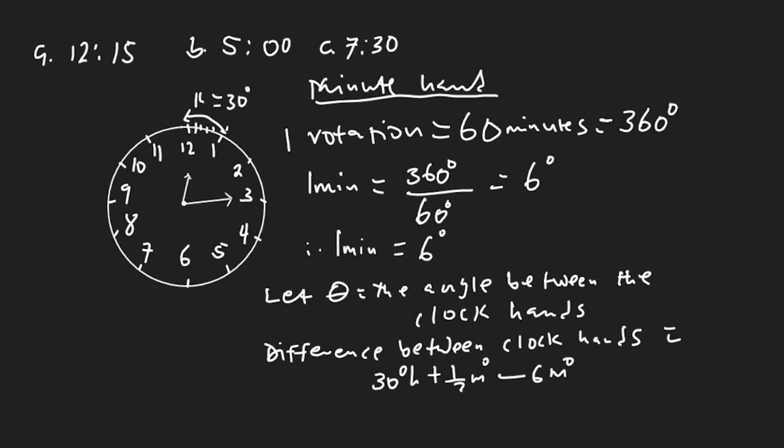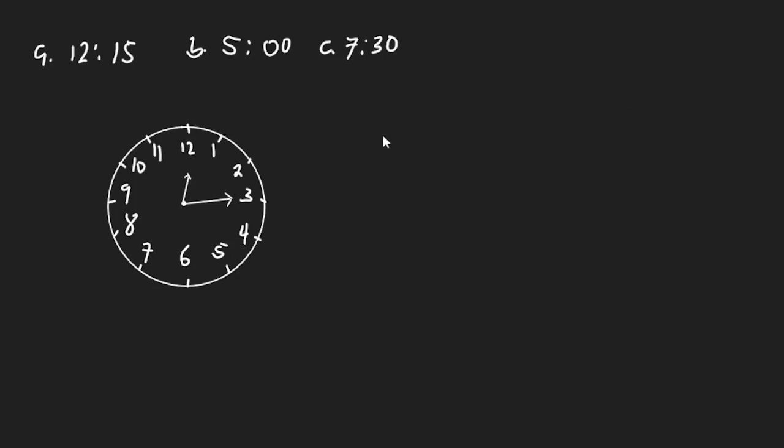So this gives us 30 degrees per hour plus half a degree per minute minus 6 degrees per minute.